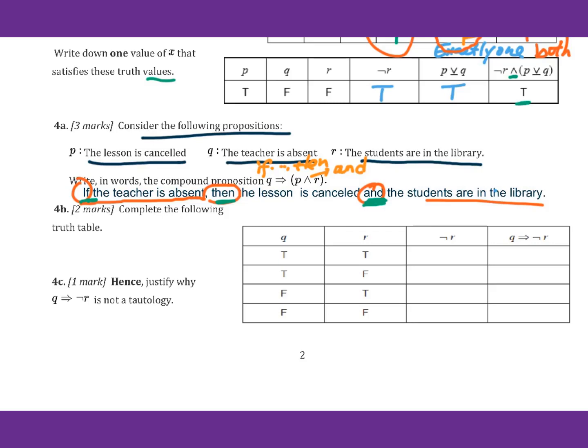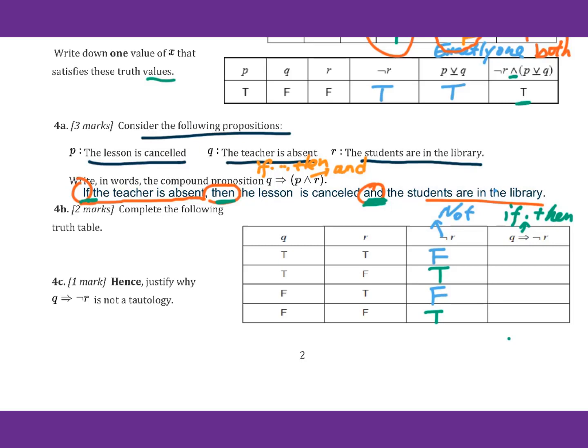For 4B, complete the following truth table. Not R means opposite of R. So we have false. Here's a false. True, true. If, then.